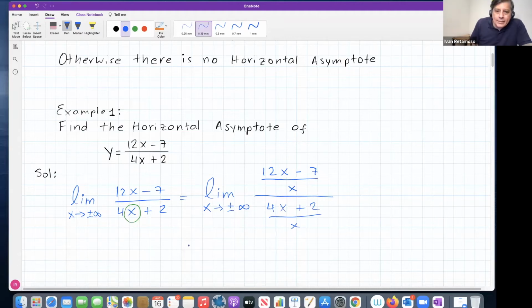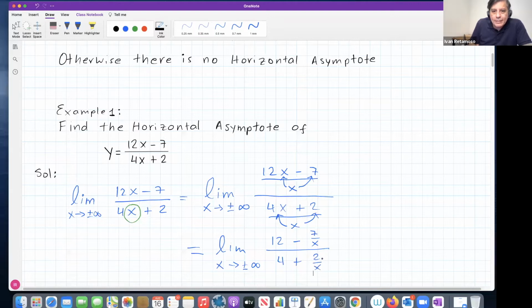Now we do the algebra and simplify as much as we can. 12x over x is just 12, x cancels. Minus 7 over x, over 4x over x, x cancels, 4 stays, plus 2 over x.